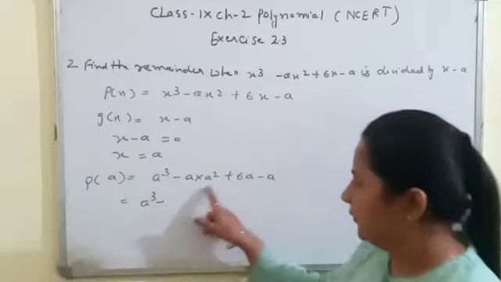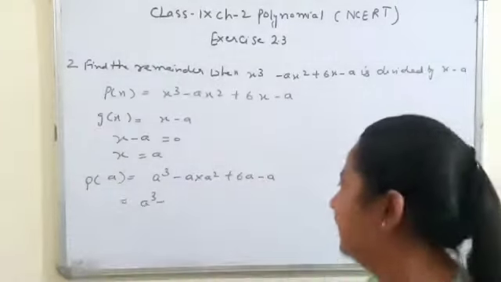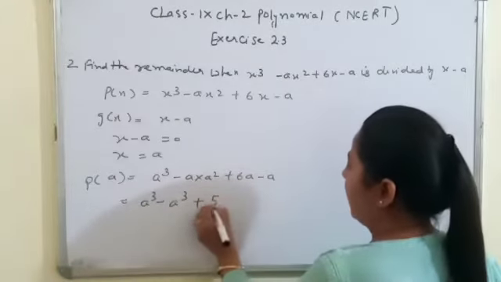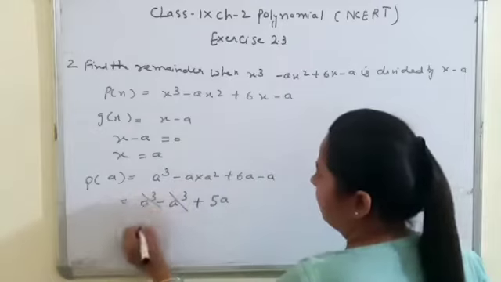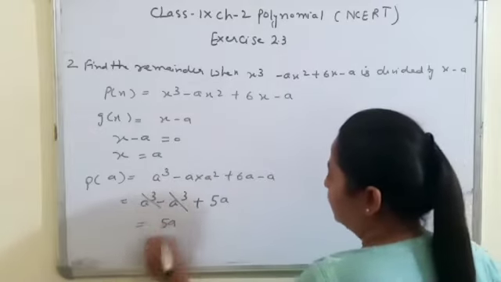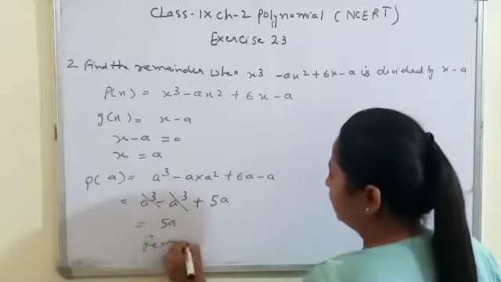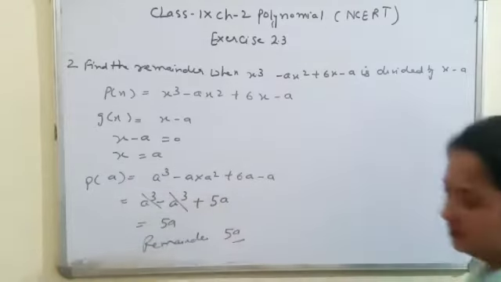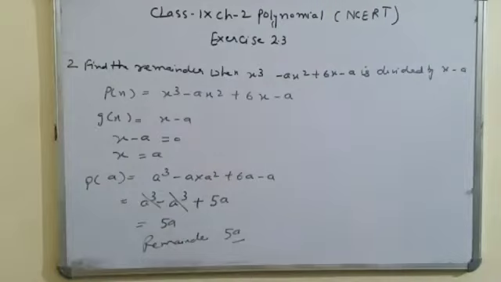A square into a, the bases are the same, so we add the powers. It becomes a cube. 6a minus a is 5a. The a cube terms cancel, plus and minus. So the remainder is 5a. This was the result for question second.